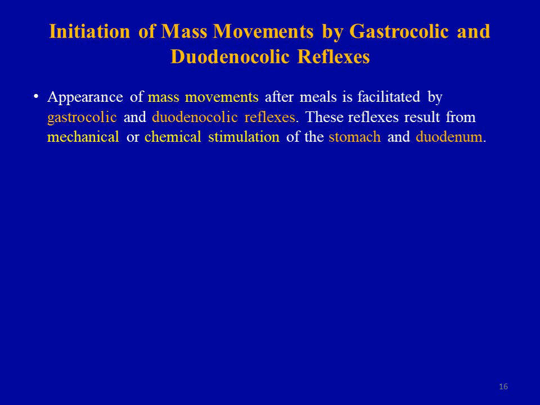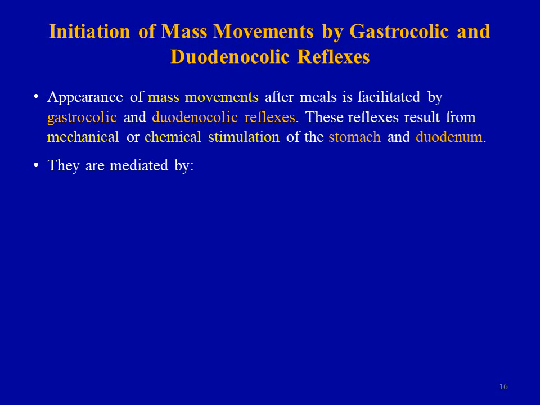These reflexes result from mechanical or chemical stimulation of the mucosa of the stomach and duodenum wall. Mucosal irritation and the stretch stimulates the entire wall thickness. Both reflexes are mediated by the autonomic nervous system.